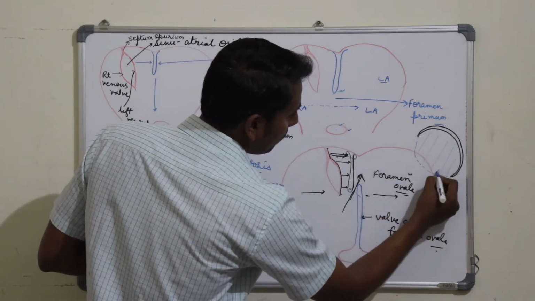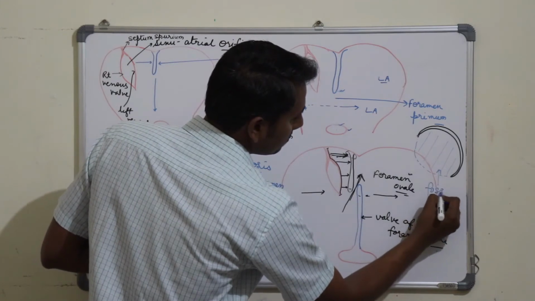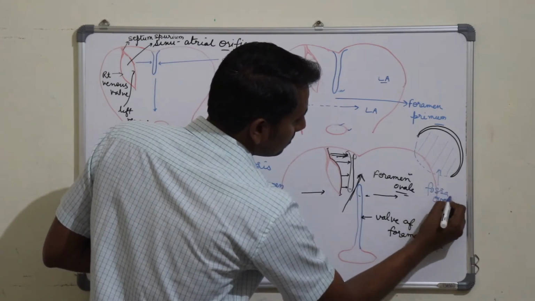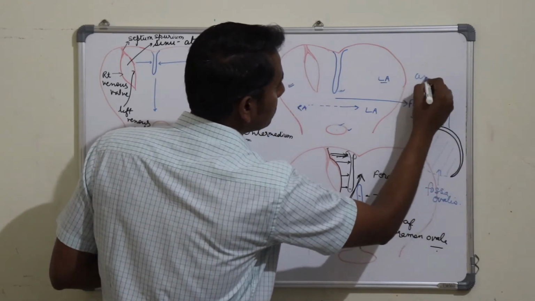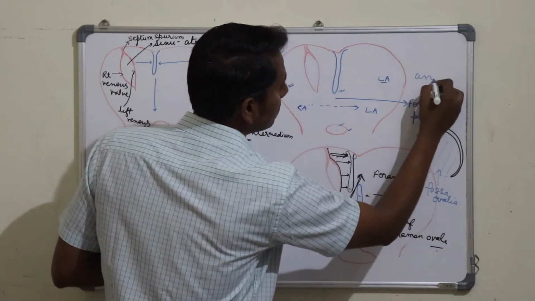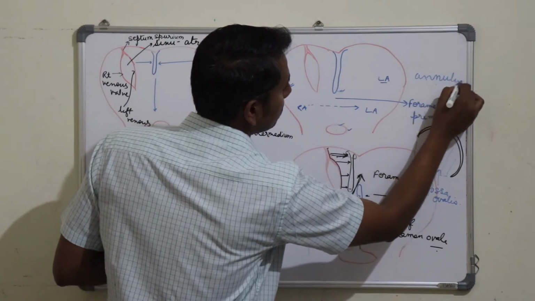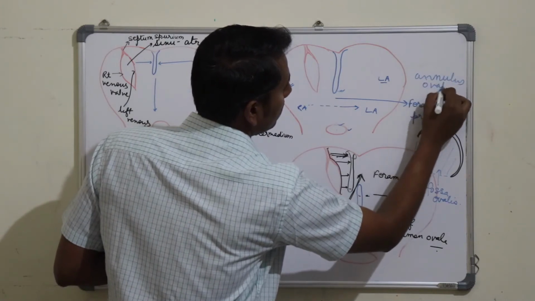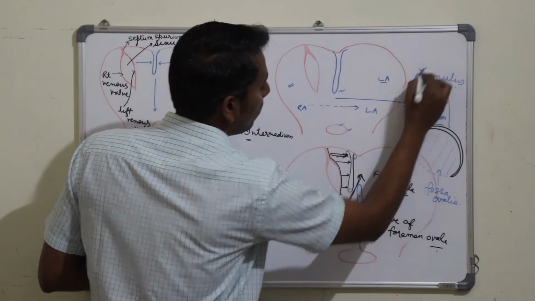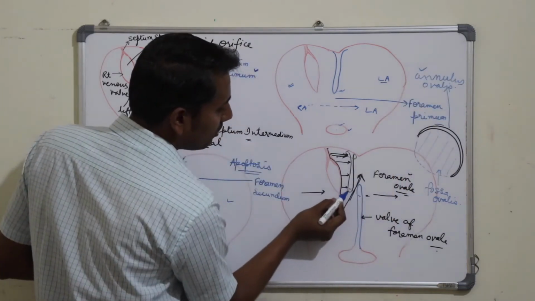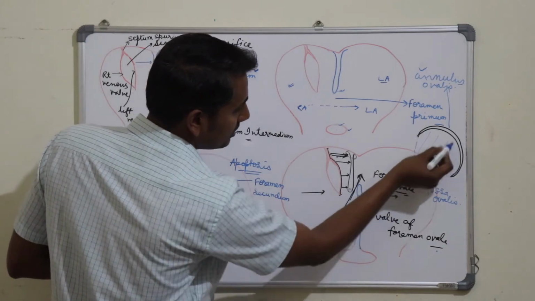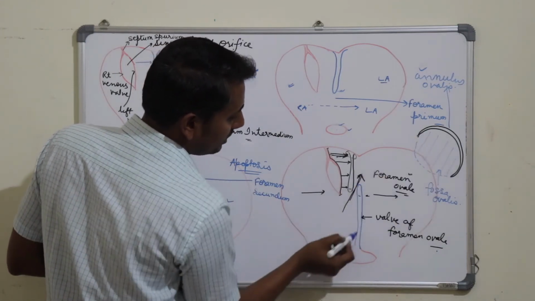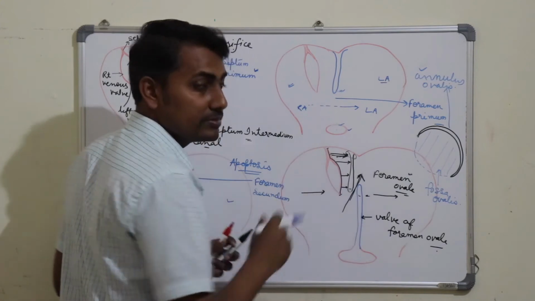So this is the fossa ovalis, and this is the annulus ovalis, or limbus ovalis, which will be formed by the lower free margin of the septum secundum, and the fossa ovalis here, this area, will be formed by the septum primum.